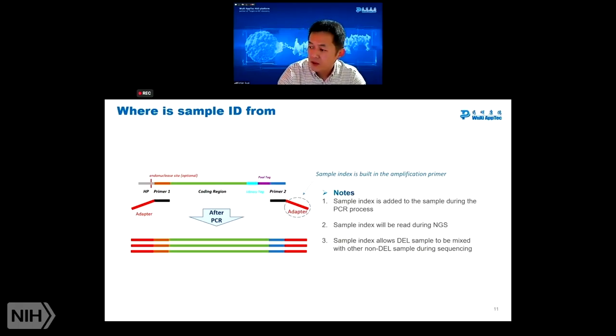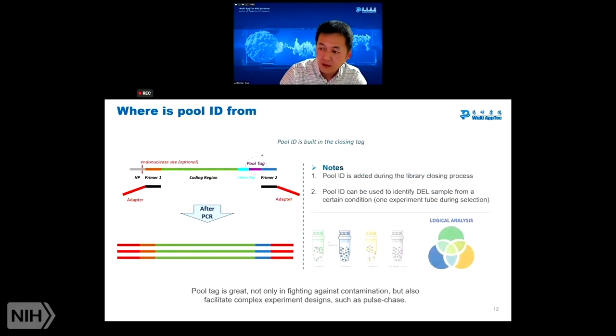The sample index will be read by NGS, and that is the first parsing point. This index allows a DEL sample to be mixed with other non-DEL samples during sequencing. This is very useful if you are not using your own sequencer but a commercial sequencer. Sometimes your sample will have to be mixed with other people's, but this gives you a great advantage, being able to work with all kinds of sequencing providers.